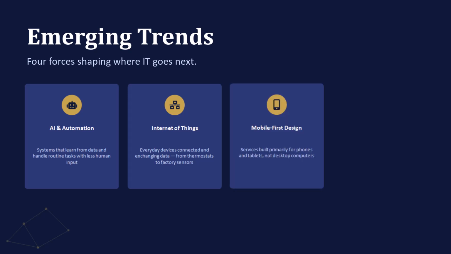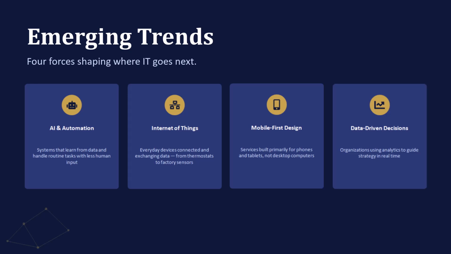Third, mobile-first design. More services today are built primarily for phones and tablets, with desktop versions as an afterthought rather than the starting point. And fourth, data-driven decisions. Organizations increasingly rely on real-time analytics to guide strategy, rather than waiting for quarterly reports or gut instinct.